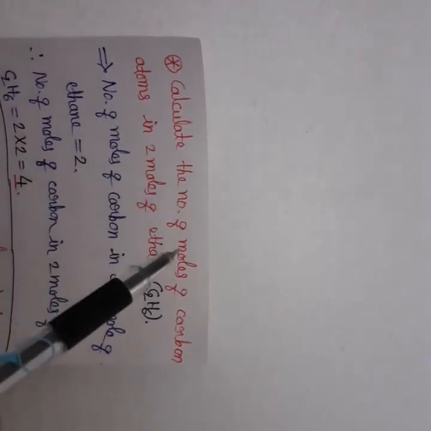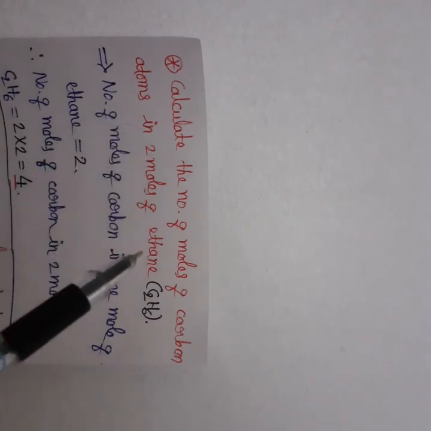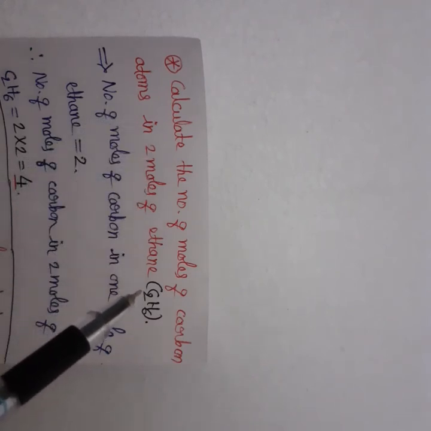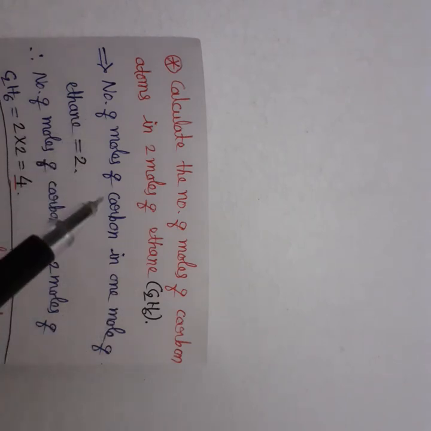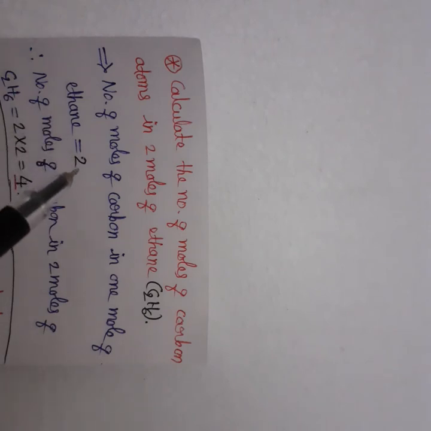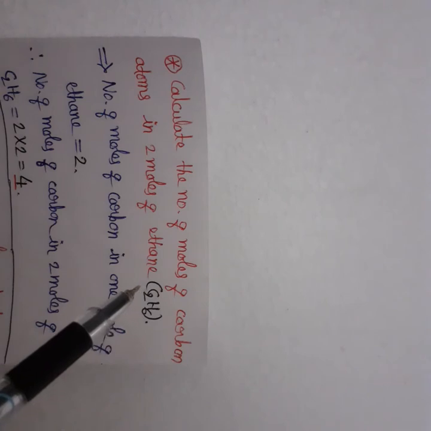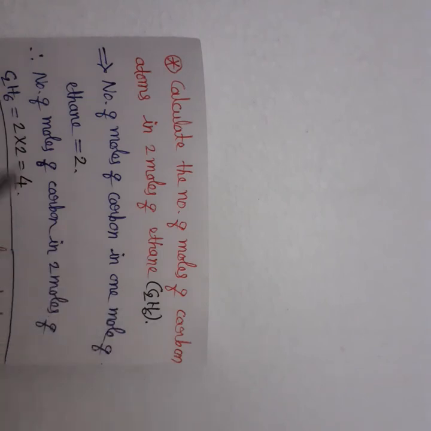Calculate the number of moles of carbon atoms in 2 moles of ethane. Ethane formula is C2H6. Number of moles of carbon in 1 mole of ethane is equal to 2. This is the 1 mole of ethane. Here the number of moles of carbon is 2.